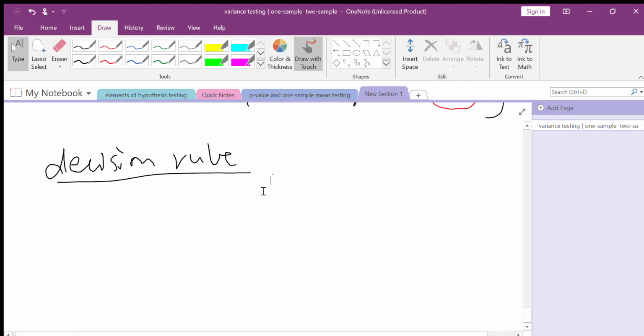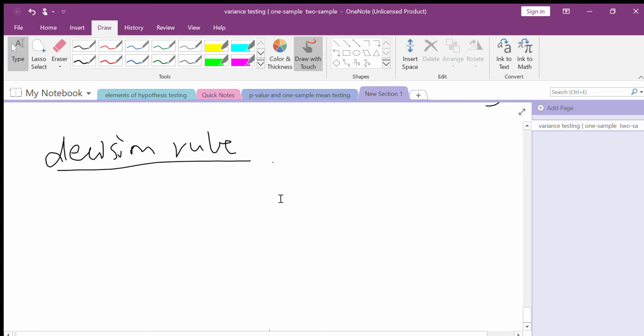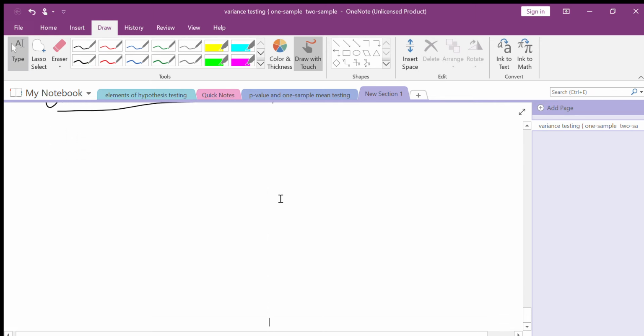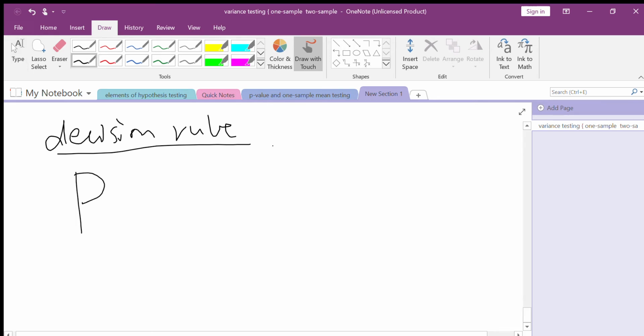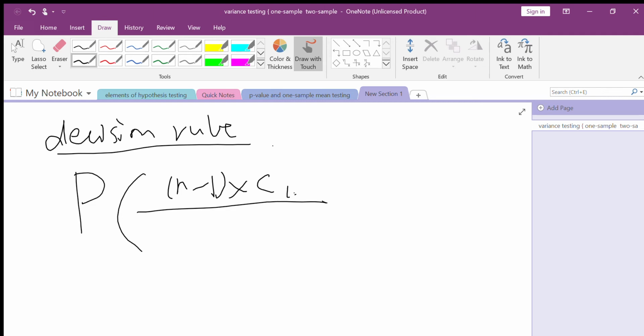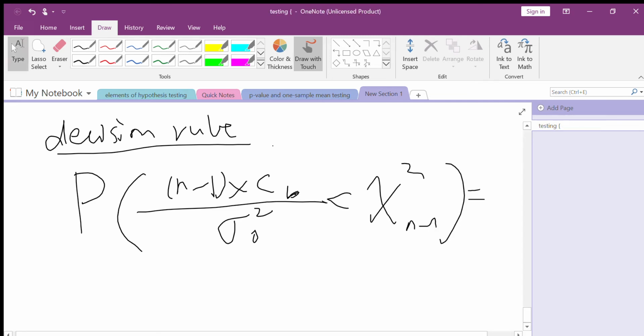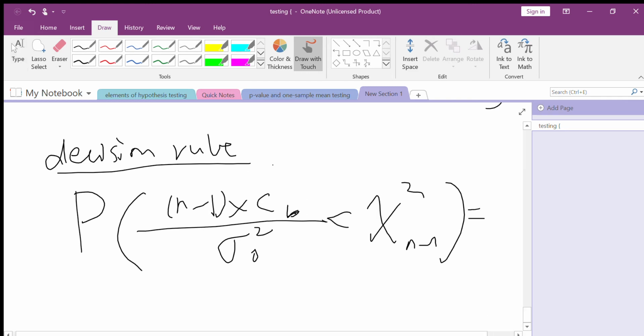And the decision rule is formulated as follows. Since it is a double-sided hypothesis testing, we need two constants. The probability that (n minus 1) times the left endpoint, cL, over sigma 0 squared is less than chi-square n minus 1 equals alpha L. Keep in mind this is a random variable.